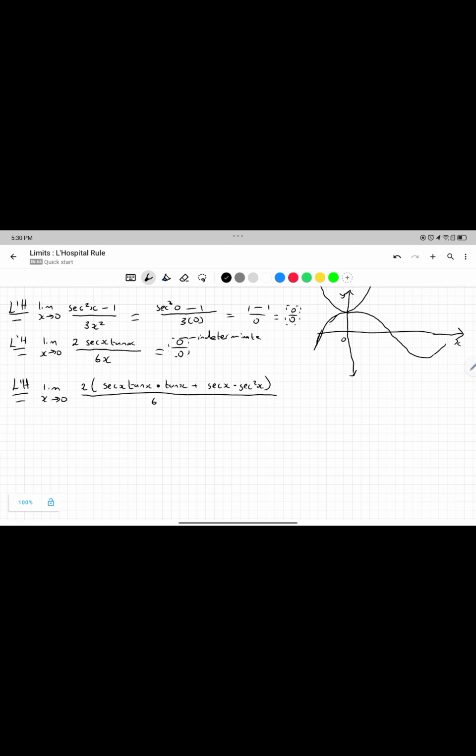Why am I writing L'Hopital? So now the limit as x approaches 0. Let's make it look a bit prettier. It's going to be secant x tan squared x plus secant cubed x all over 3.